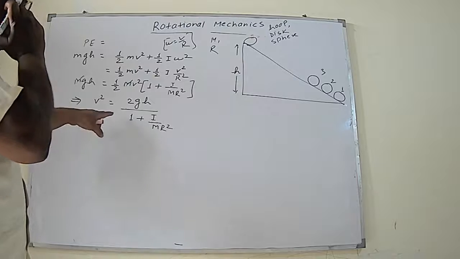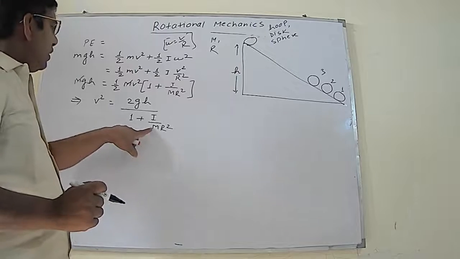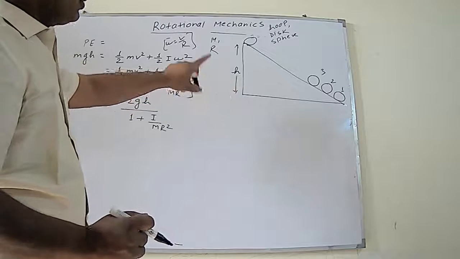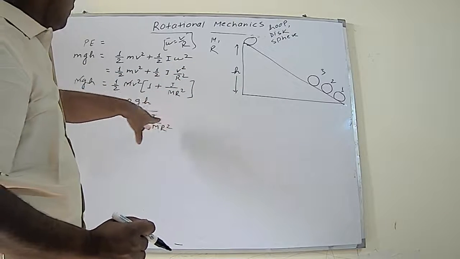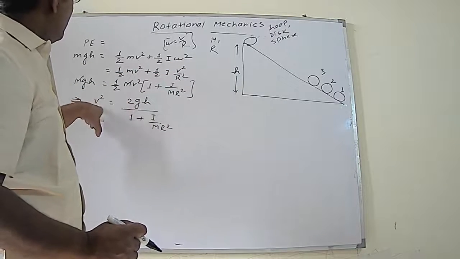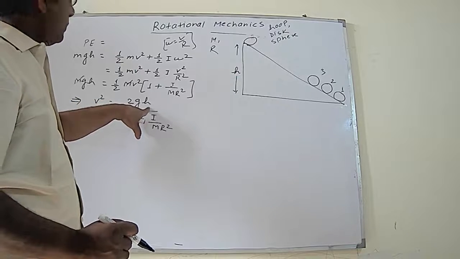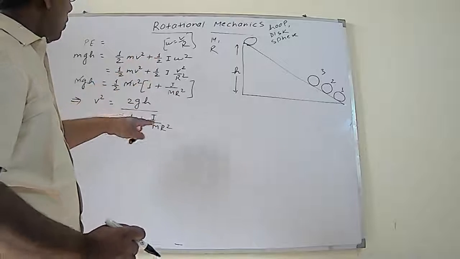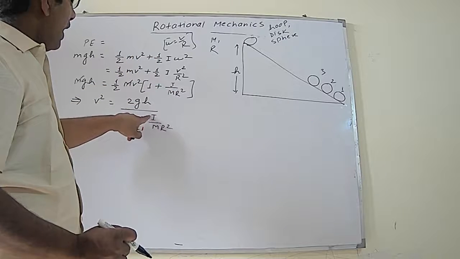If the object is solid and not rotating, it will simply be v square equal to 2gh. But if it is also rotating, then it will depend on I also.